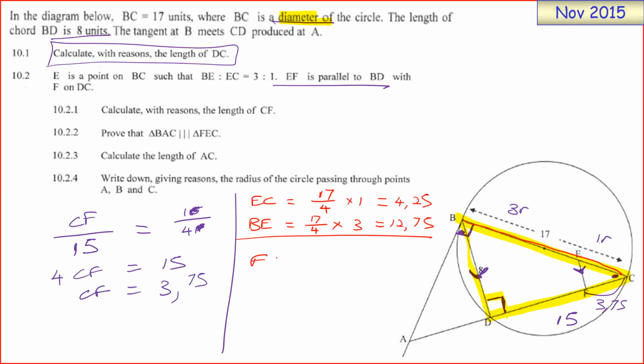Okay. So if we know those 2 units, we could actually work it another way and say CF over 15 is equal to, now we found the units, 4.25 over the entire side of 17. Can we cross multiply, calculators out? CF times 17 is 17CF. What is 15 times 4.25?